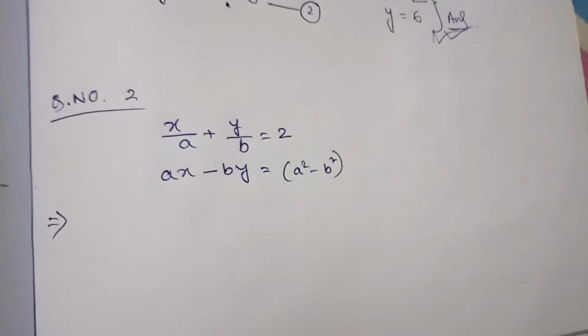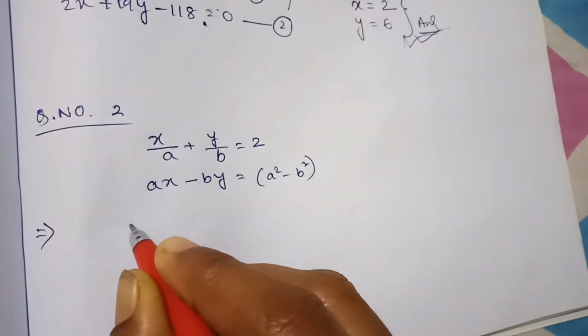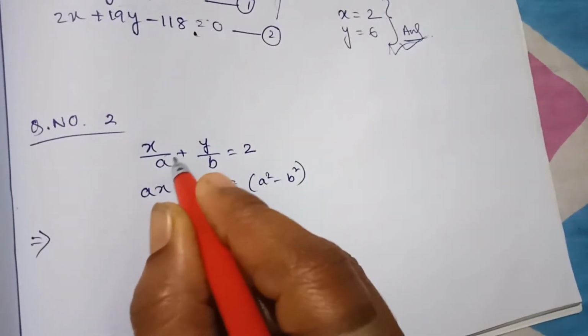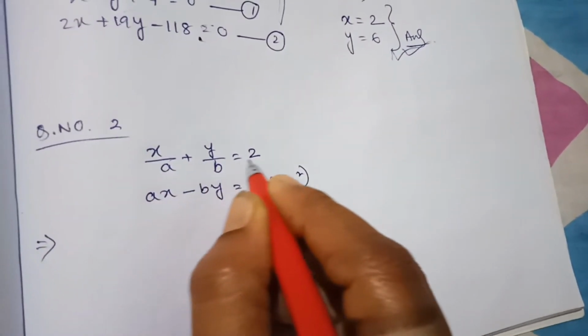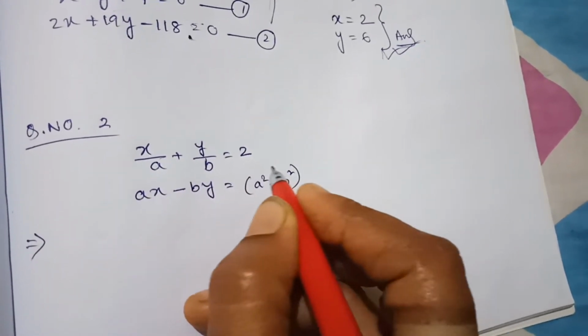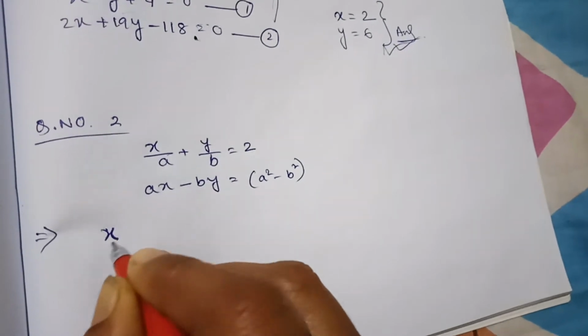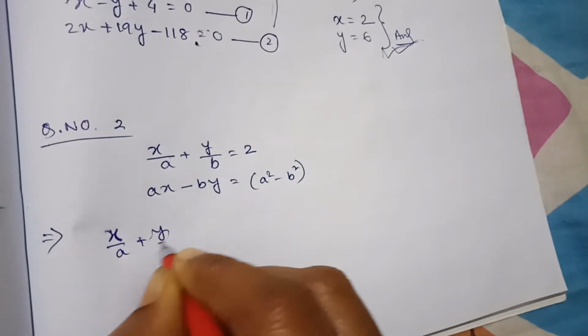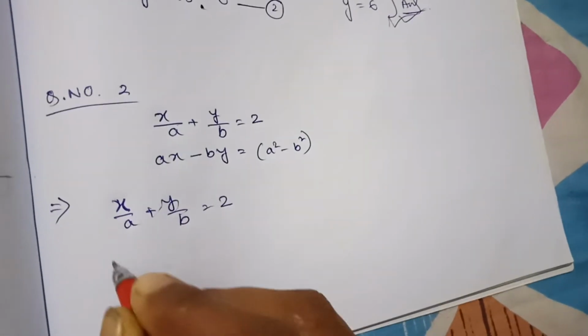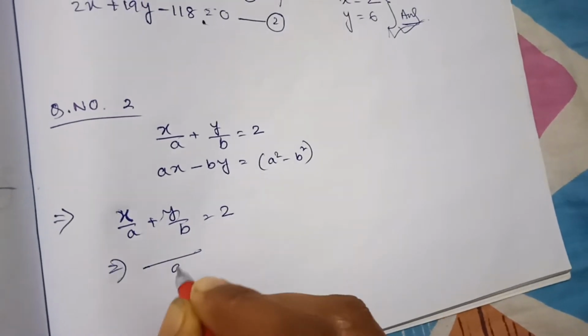Coming to question number 2. Actually this particular equation can be converted to standard form very easily. How? Look at the process. What I am doing is, it equals 2. So we can take the LCM as ab.